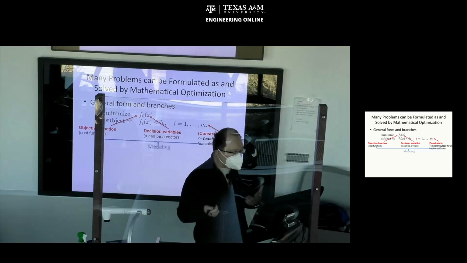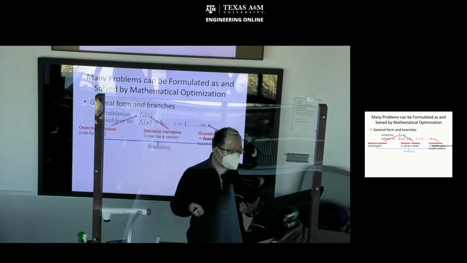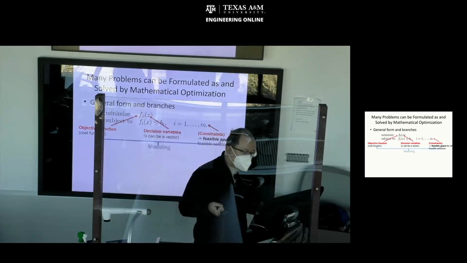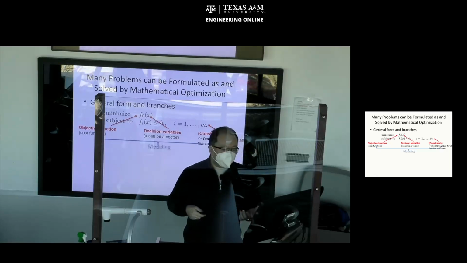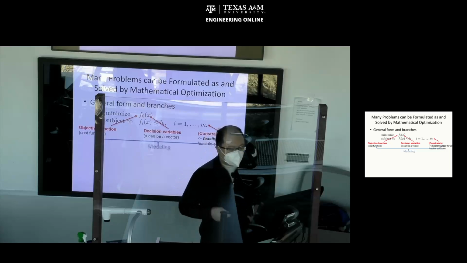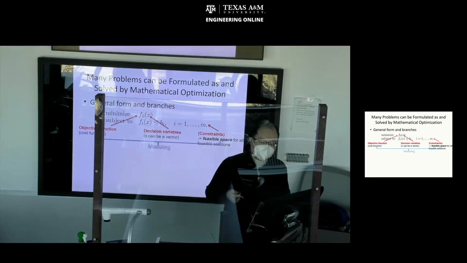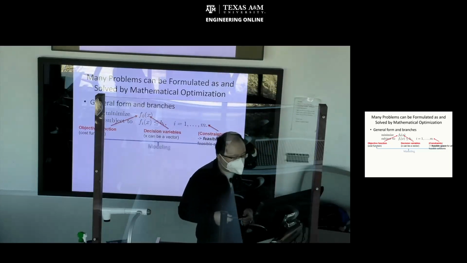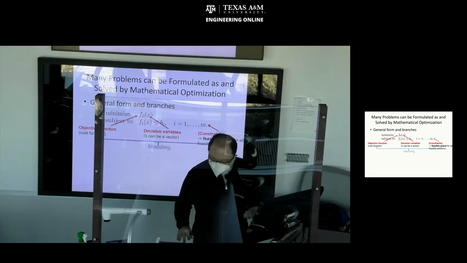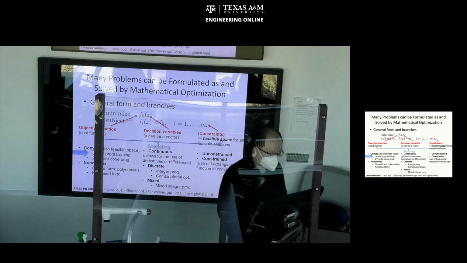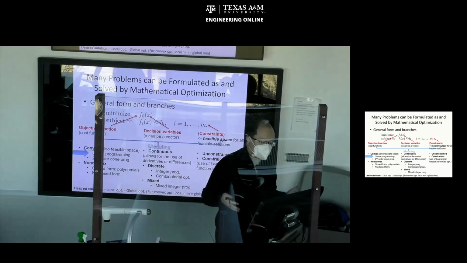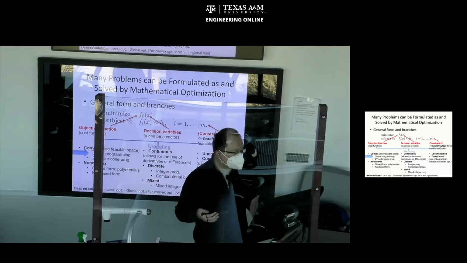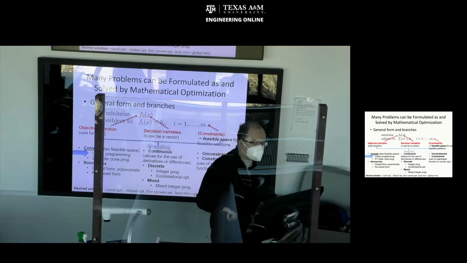So depending on whether the objective function is a convex function in X and the feasible set defined by the constraints is convex, we can classify the problems into convex versus non-convex. So the easiness or not, where do you separate the two, lies in whether the problem is convex or non-convex, okay?